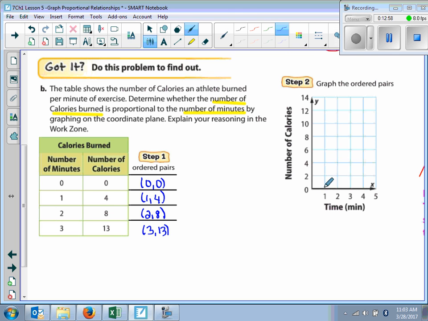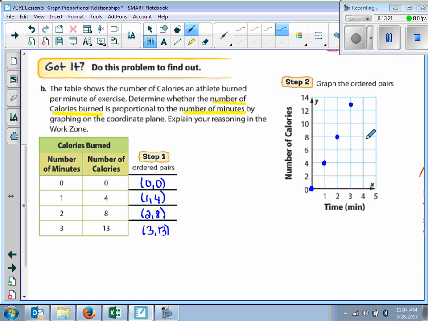So here we're going to graph 0, 0, 1, 4, 2, 8. You should be graphing this right now. And we have 3, 13, way up there.